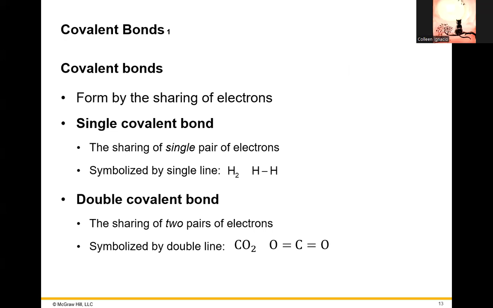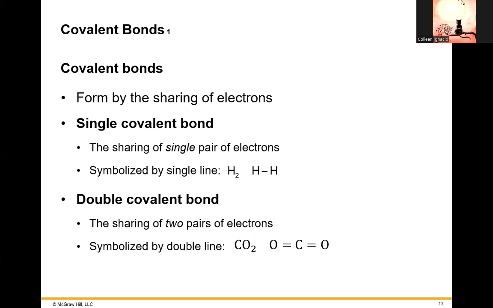When we think about covalent bonds, they can be single or they could be double. And so looking at this, it tells us that single covalent bonds share a single pair of electrons. An example of this would be hydrogen, and that's symbolized by H2. So two hydrogen are sharing a single pair of electrons.